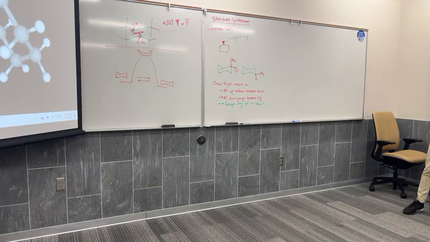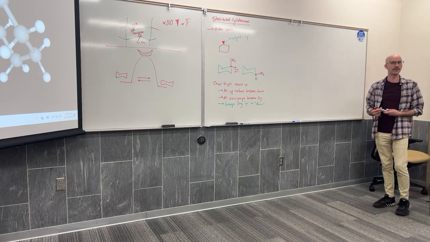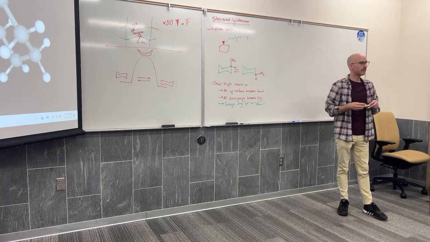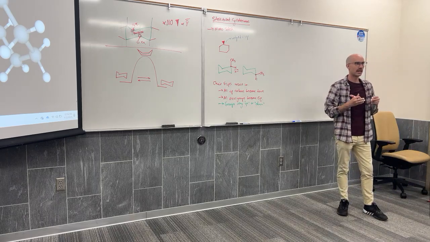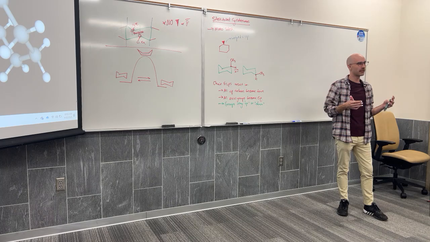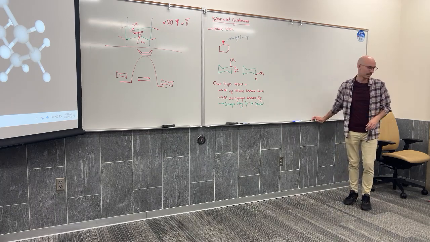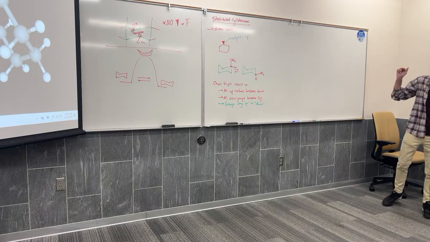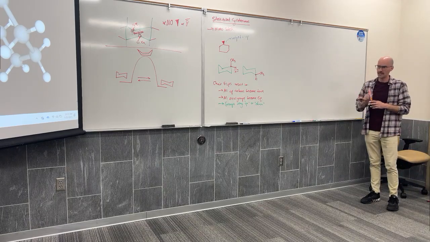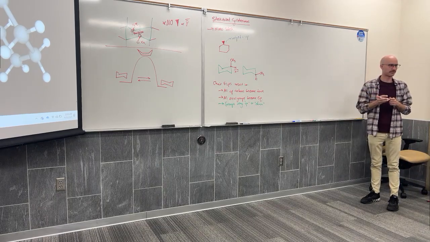So which of these two chair conformations has a higher energy? We'd have to look at steric strain. And in order to get a picture of steric strain, it's best if we actually look through a Newman projection.